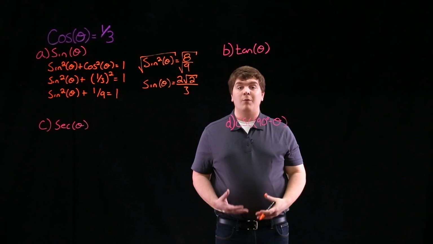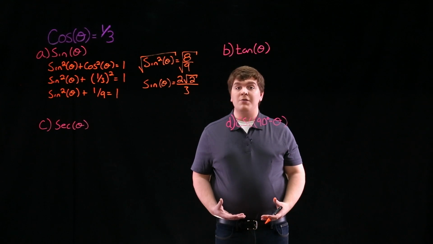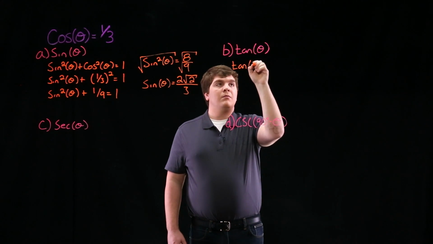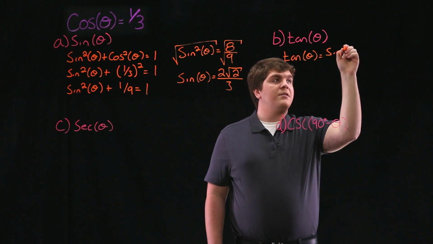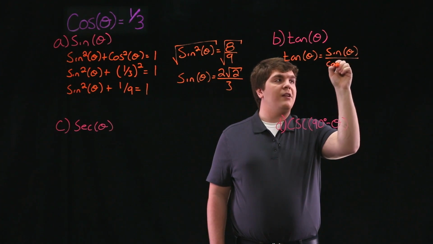For part B, we're asked to find tangent of theta. To find tangent of theta, we'll use the quotient identity, which states that tangent of theta is equal to sine of theta divided by cosine of theta.